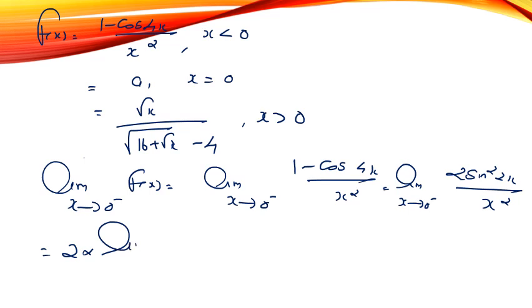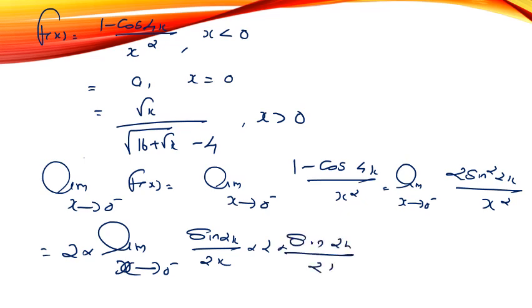So 2 into limit x tends to 0 minus sine 2x by 2x, compensating, into 2 into sine 2x by 2x into 2. So sine theta by theta is 1. So what is the answer? 2 into 2 into 2. Answer is 8.